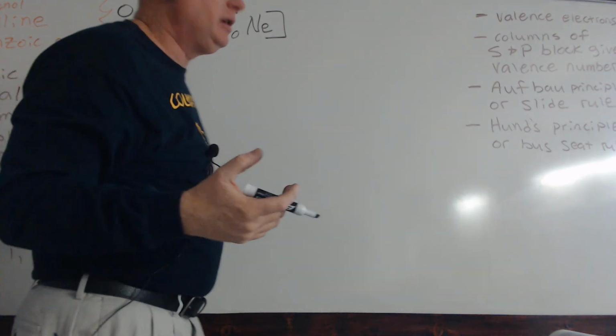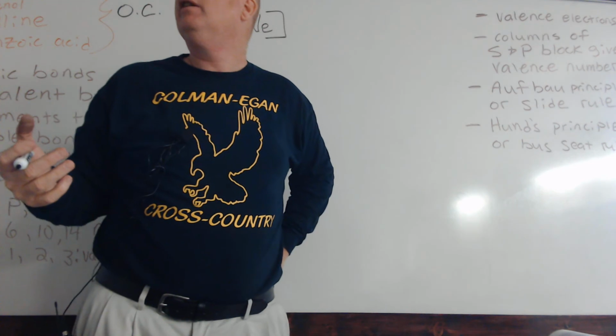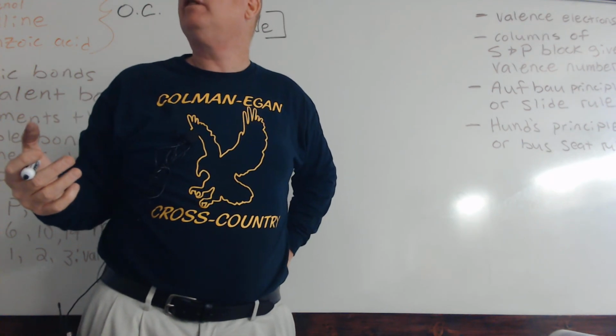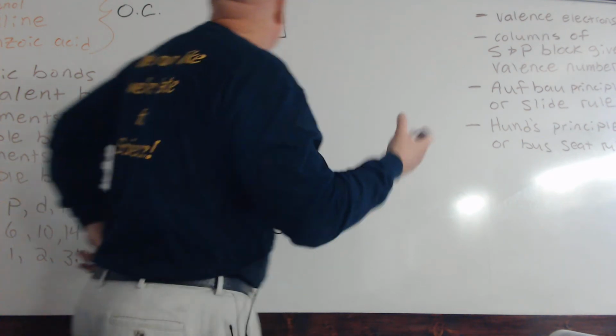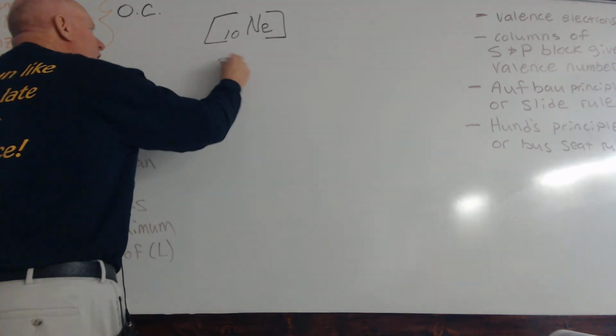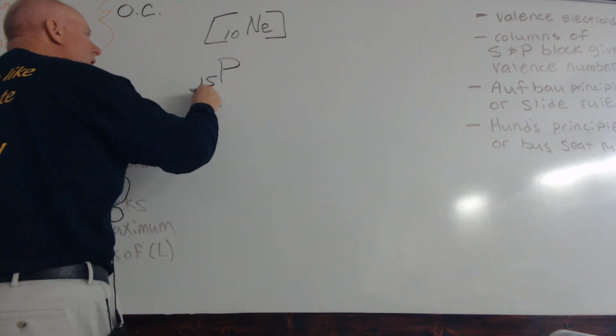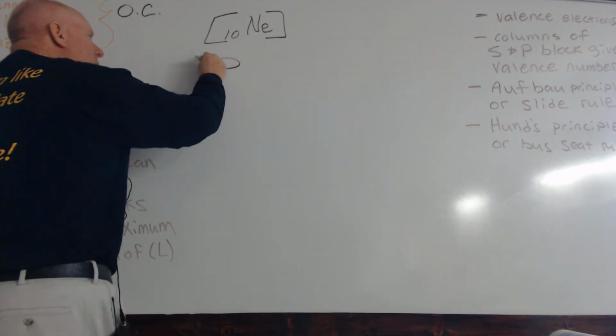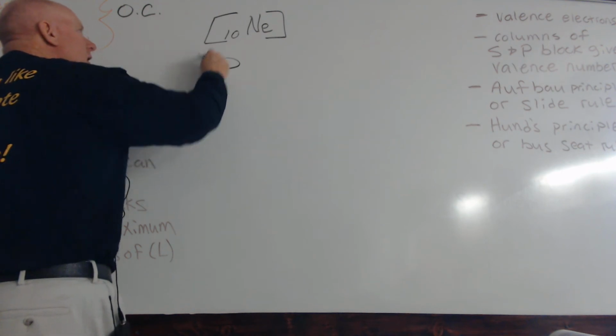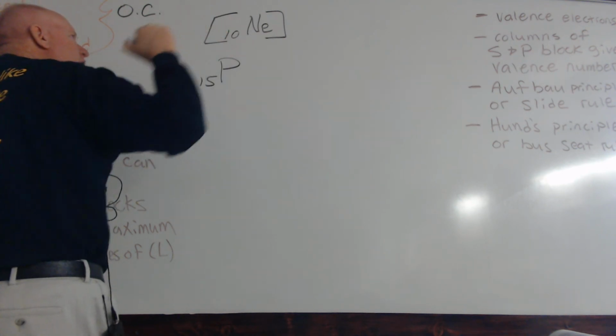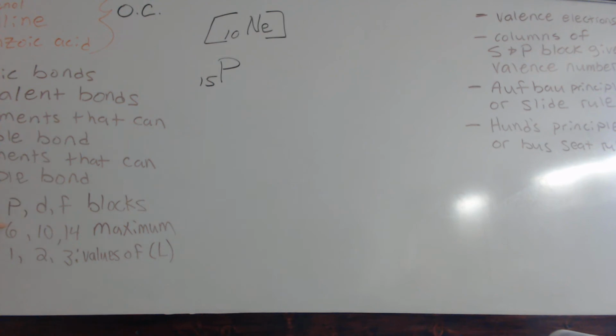So if we're doing, for instance, the element phosphorus, okay? We know that that is element number 15. Remember, we have to go down, we can't go up. So when we start this noble gas core, the 2s and the 2p's are full.